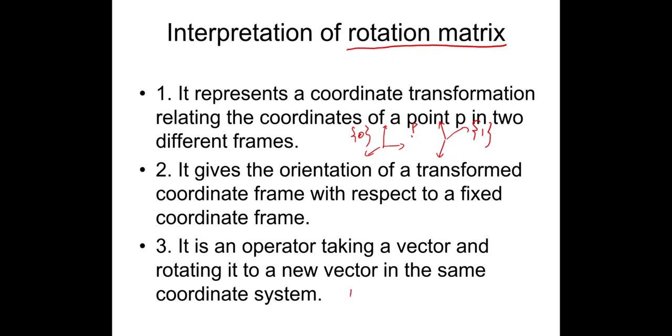So this is a rotation of something in the same frame, and this is rotation of frame. Okay, so that is a summary of the rotation matrix, how we're going to use it in different applications.